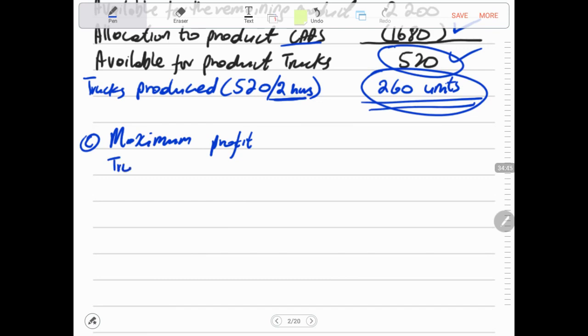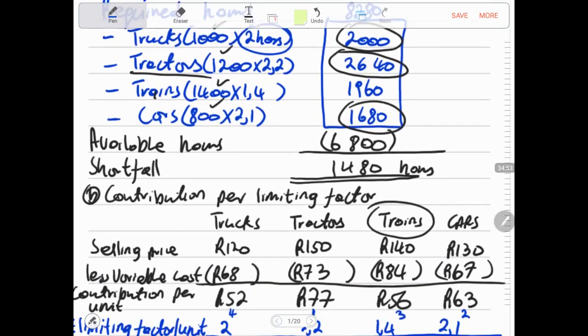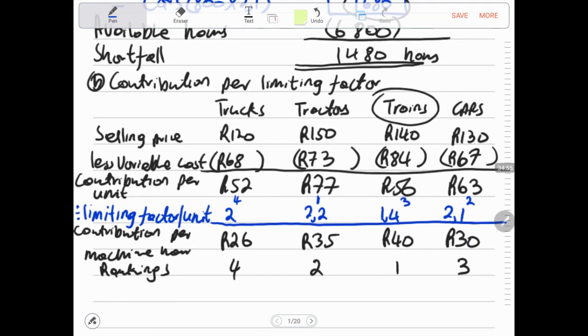We start with the trucks. When it comes to the trucks, we have a contribution per unit now. Remember, we come to the contribution per unit, no longer contribution per limiting factor. Contribution per unit is 52 rand.